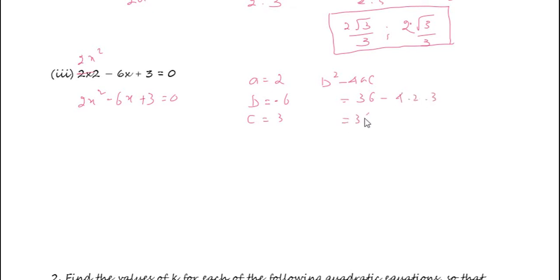This is 36 − 24, that is equal to 12. So b² − 4ac is greater than 0 here. Therefore this has two real and distinct roots.